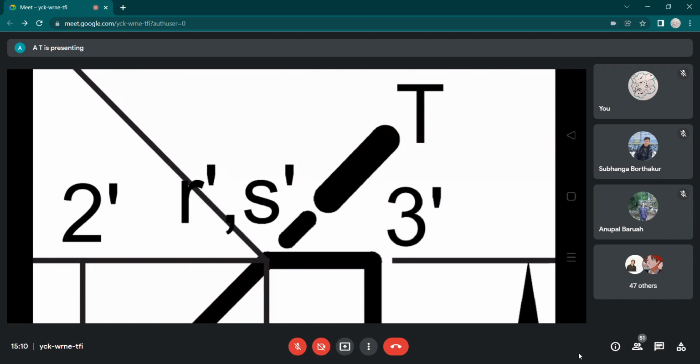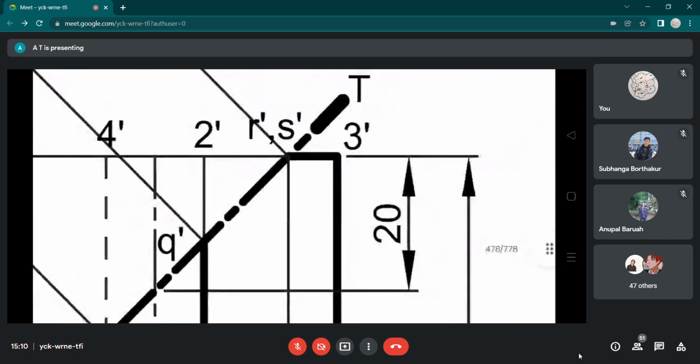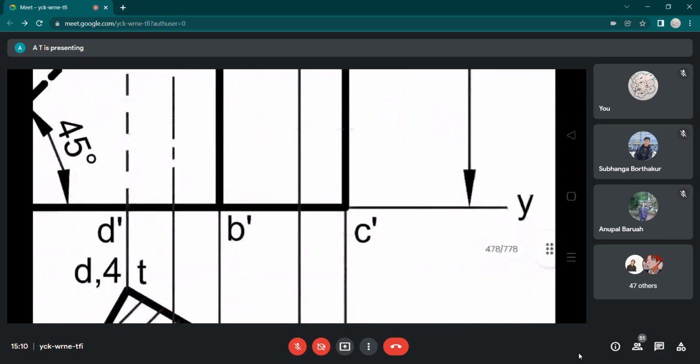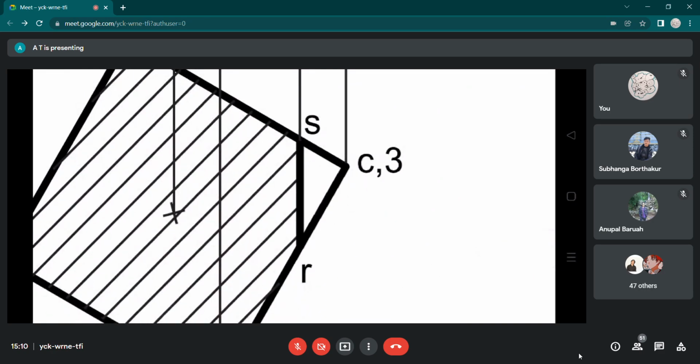When the VT cuts the section 2 dash 3 dash, you will get R dash S dash. And as soon as you project the R dash S dash in the top view, you will get S and R in this format. Now you are getting S and R.